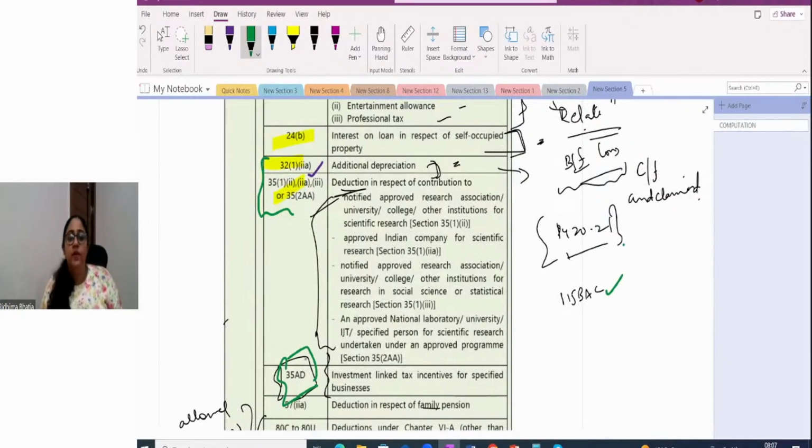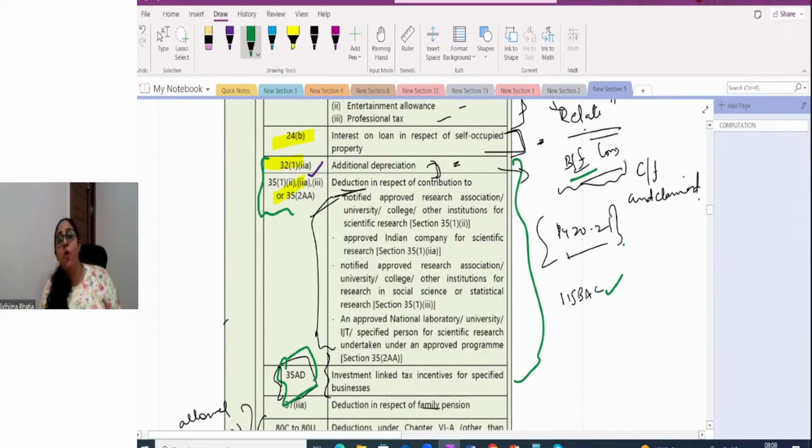32, 35, 35AD. I'll repeat it in English. Generally brought forward losses would come only in your business income because of these deductions, and brought forward losses pertaining to these sections cannot be carried forward.